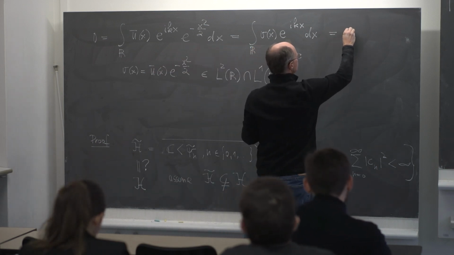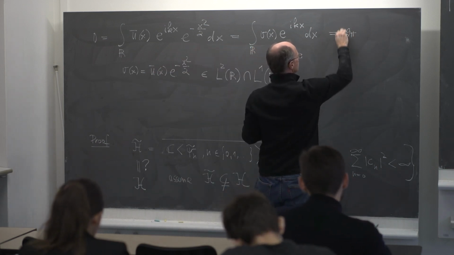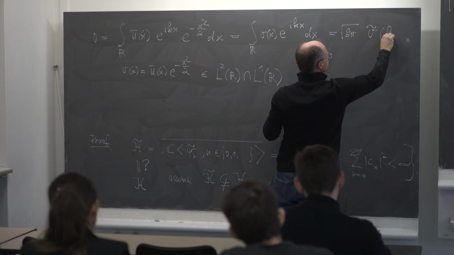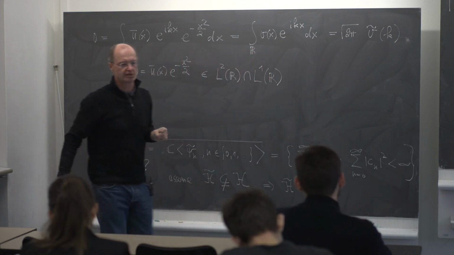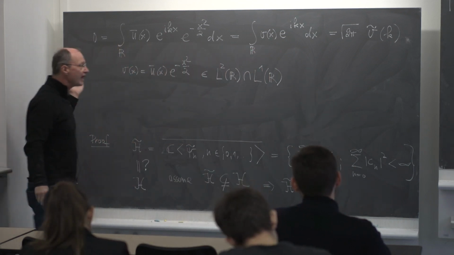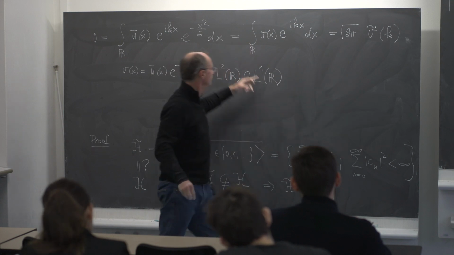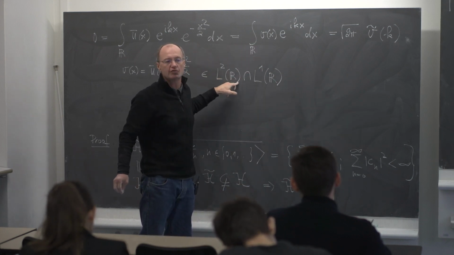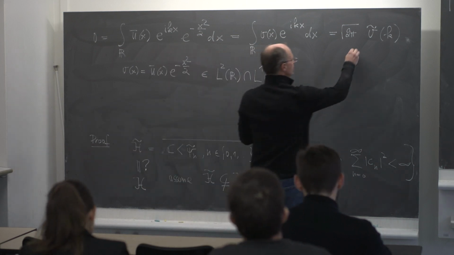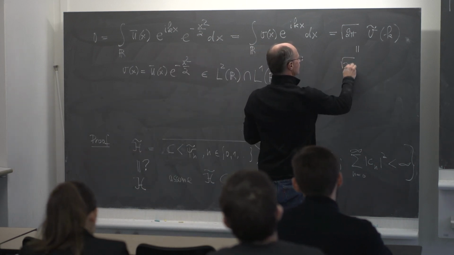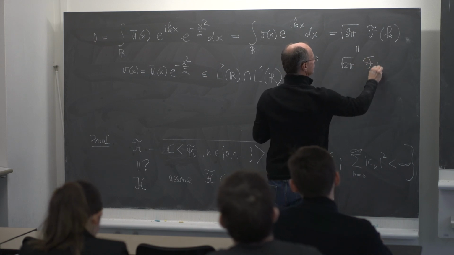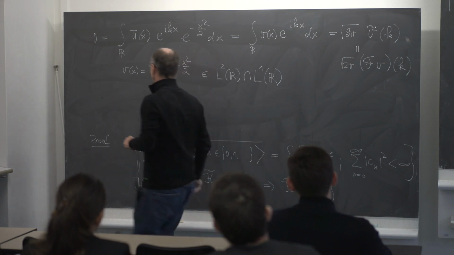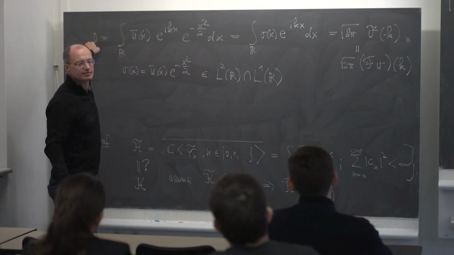So this is, I think, square root of 2 pi, if I'm not mistaken, times the Fourier transform. And since this guy was also an element of L2, it coincides with the L2 Fourier transform. So this is equal to square root of 2 pi times F v of k. Now this is equal to 0.